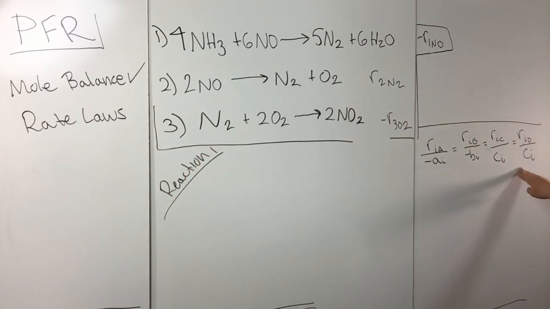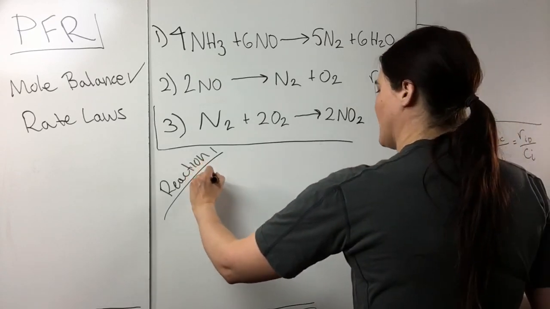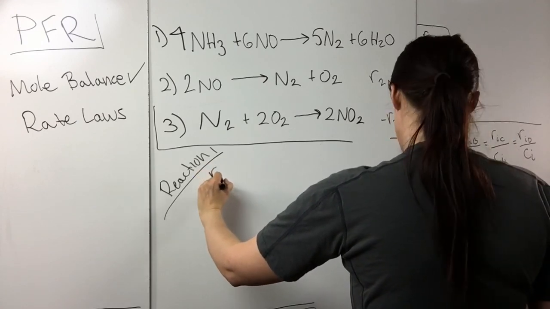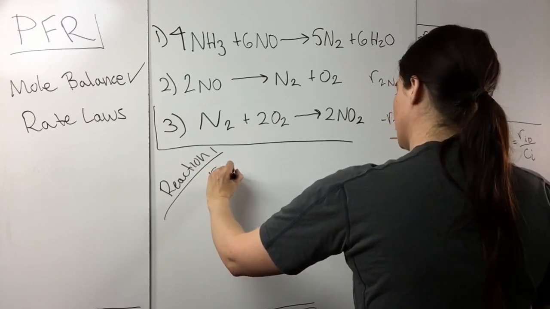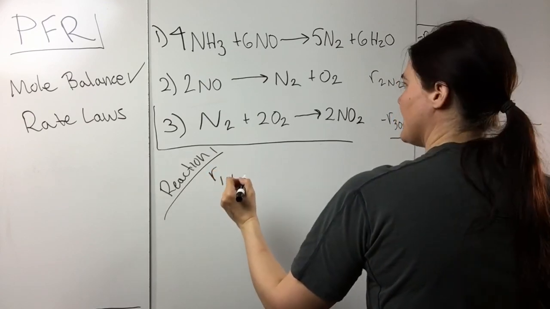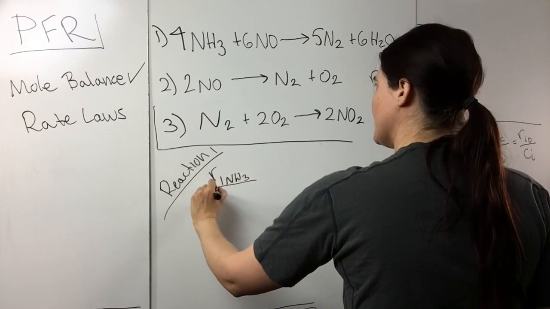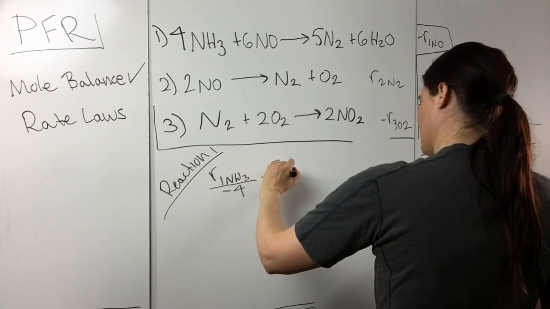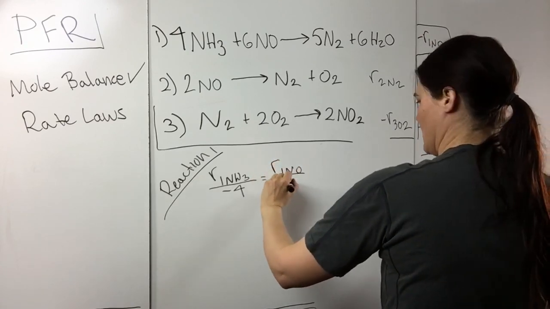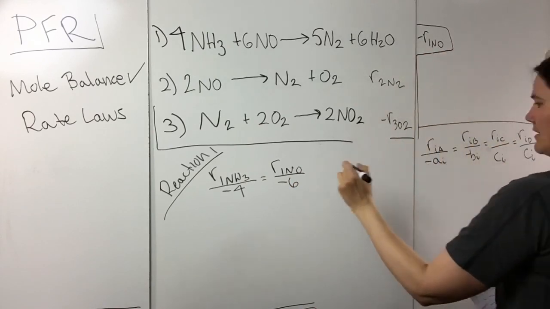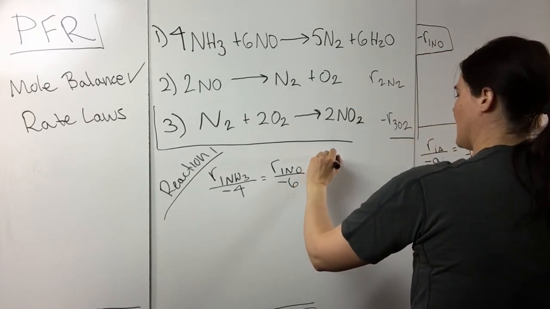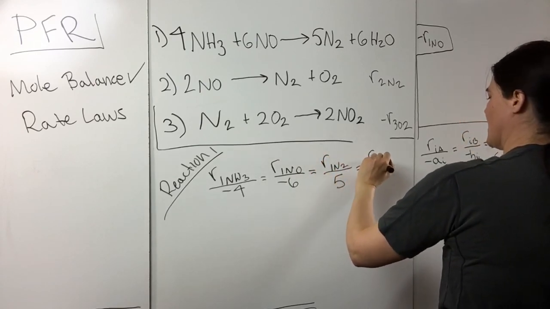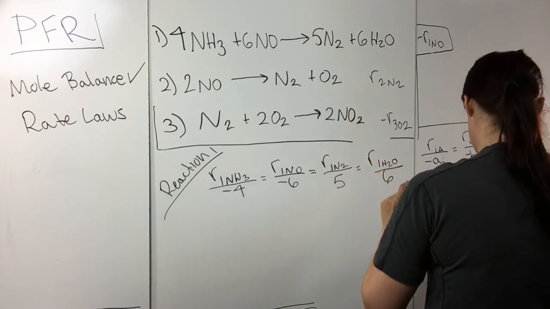Using this formula, we know that R1 NH3 over minus 4 is equal to R1 NO over minus 6, and this is the one that was given, is equal to R1 N2 over 5 is equal to R1 H2O over 6.